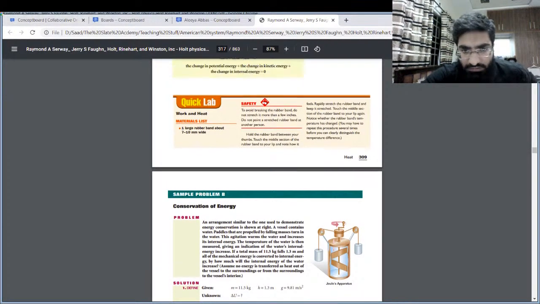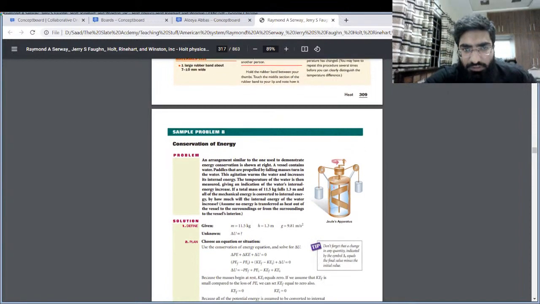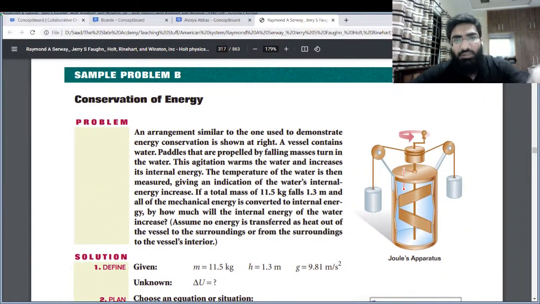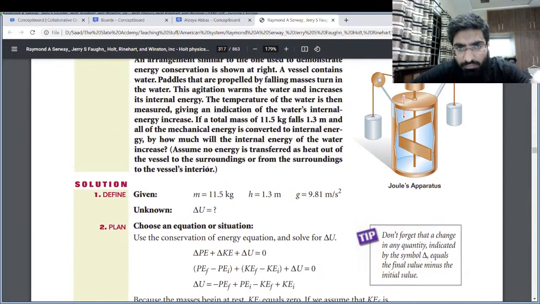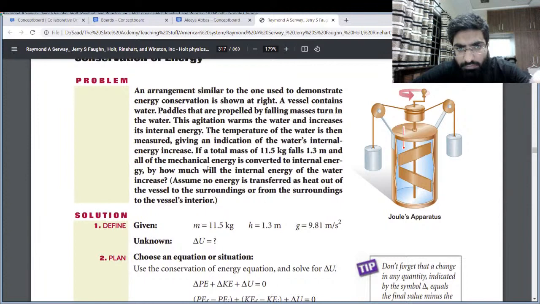Let's see. Okay, so this problem over here, an arrangement similar to the one you can see on my screen, right? It's just your book. An arrangement similar to the one used to demonstrate. Actually, for this one, let me check. Wait, we don't have to do this. Actually, no, we can do it.